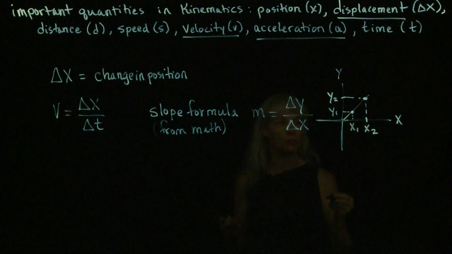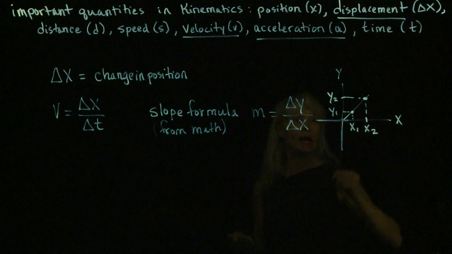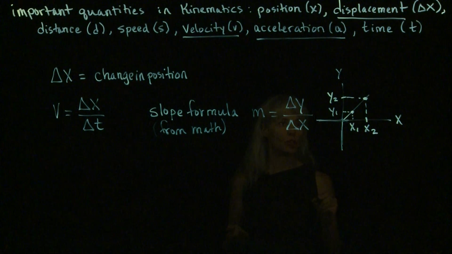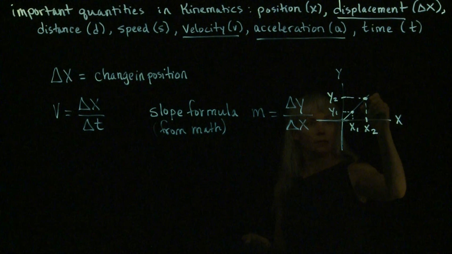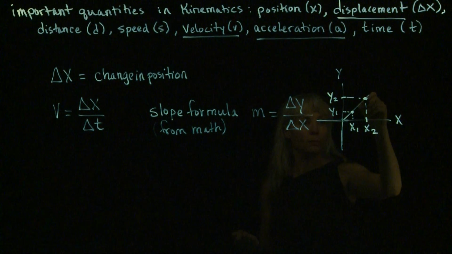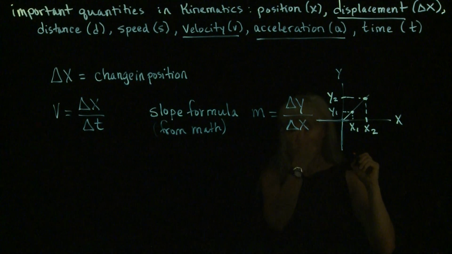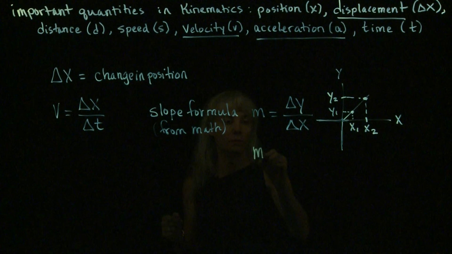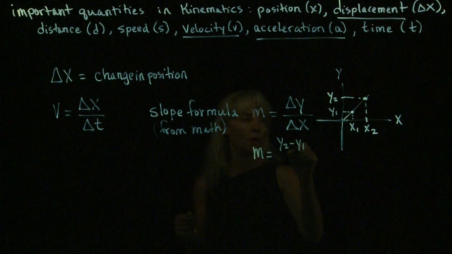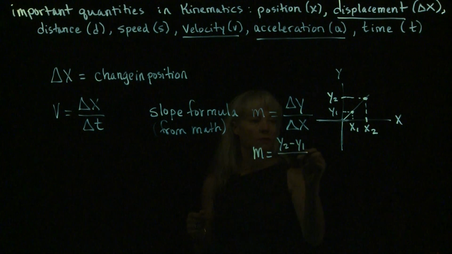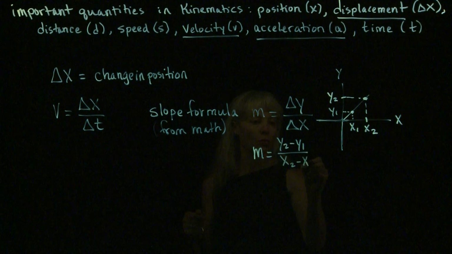So this could be an object that is traveling in space, and we're plotting out its position along the horizontal and along the vertical. And here it is at some point P2, and here it is at some point P1. So the slope m can be found as y2 minus y1, that's the rise, divided by the run, which is x2 minus x1.